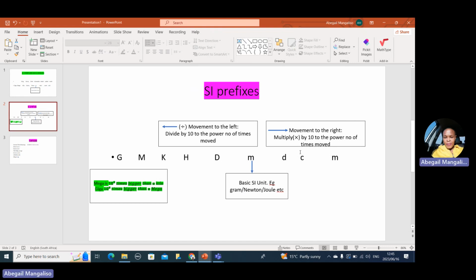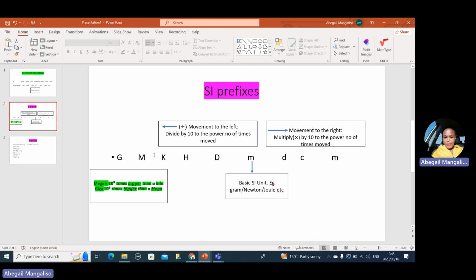This is centimeter you want to change, and this is milli for millimeter. You only move once and you go to the right. It means you're going to multiply by 10 to the power 1, which is 10. So it will be 10 times 10, which is 100 millimeter. Moving to the right is multiplication. To the left, it will be division.